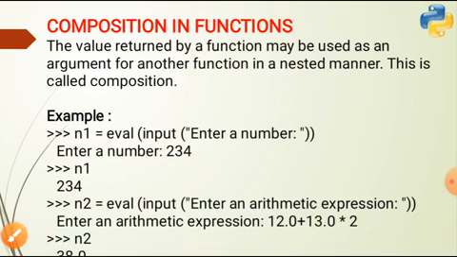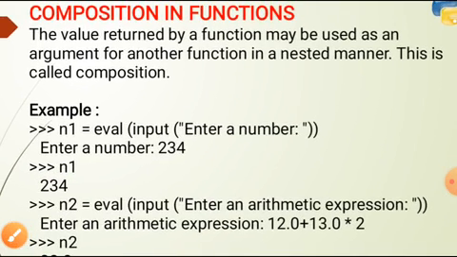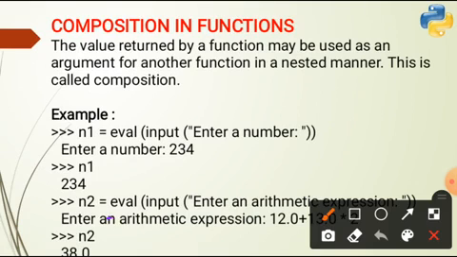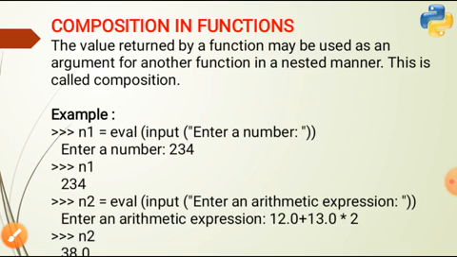In our second example, kindly note the point. There is a concept given: evaluate, input, enter an arithmetic expression. You already know that what is given inside the quotation is displayed as it is. Enter an arithmetic expression.